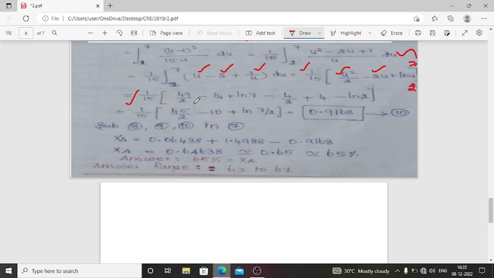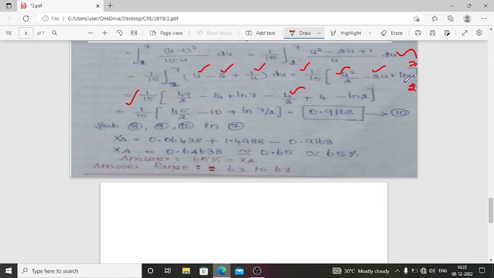Upper limit: u square by 2, 49 by 2, minus 2 into 7, 14, plus ln 7. Lower limit: minus 2 square by 2, that is 4 by 2, then minus of minus 2 into 2, minus into minus plus, plus 4.